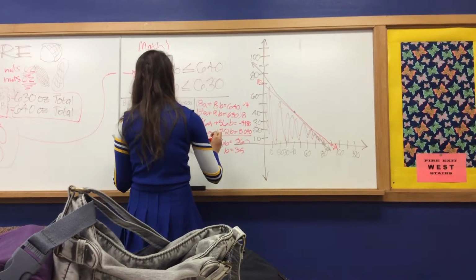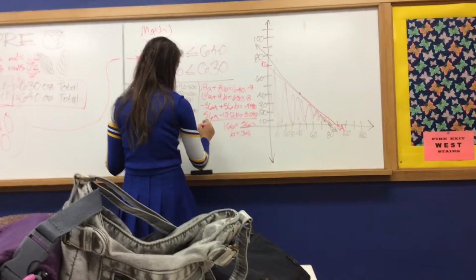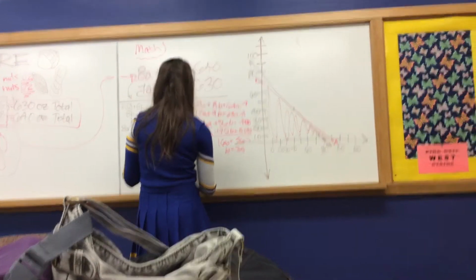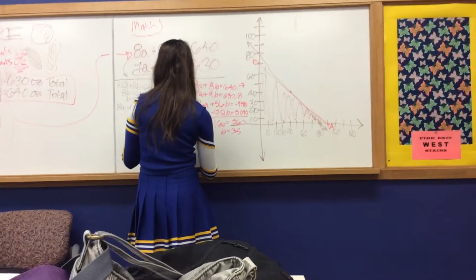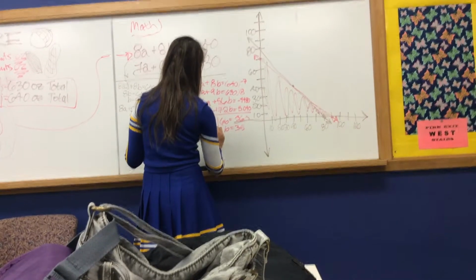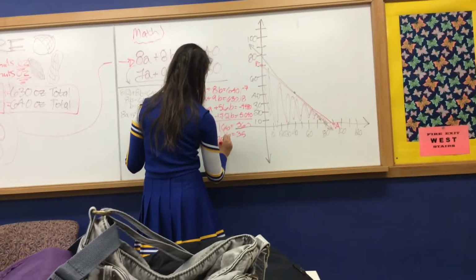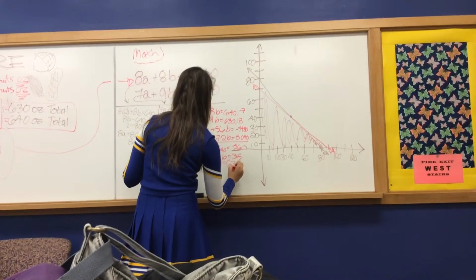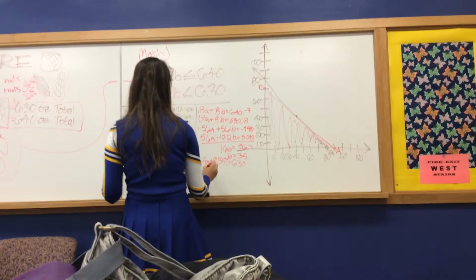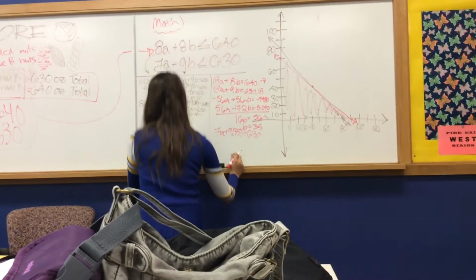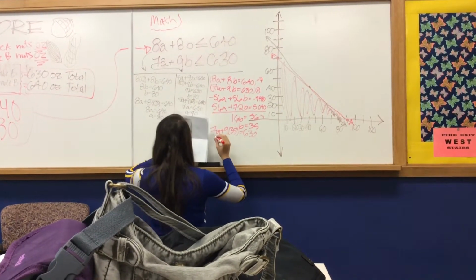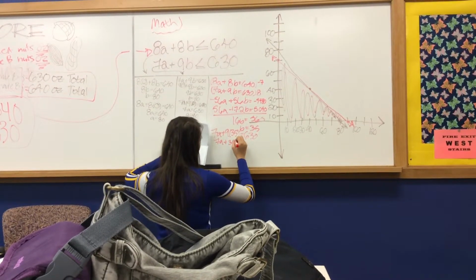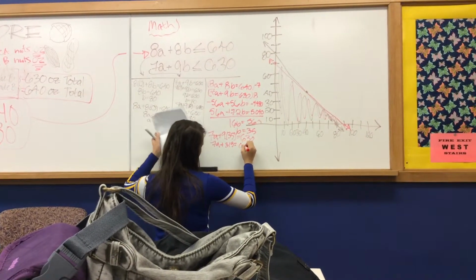Then we plug in 35 for b in the equation, and we get 7a plus 9 times 35 equals 630. Then we multiply that out and get 7a plus 315 equals 630.